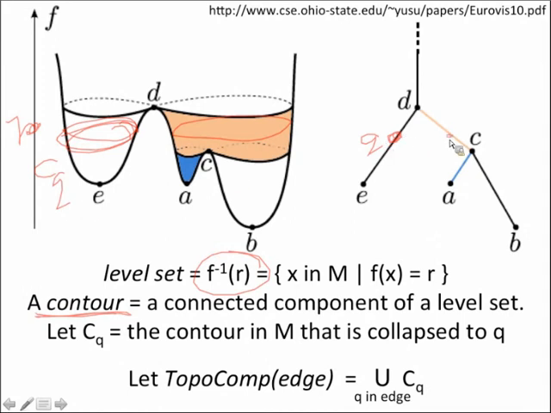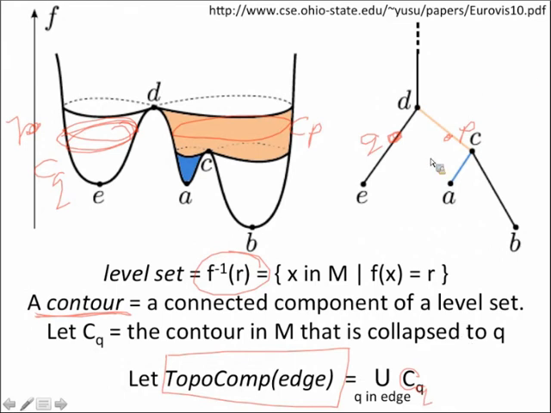So if I have a P over here, this would be my C of P. And then what we want to do is take a look at the topocomp of an edge, which is just the union of all these contours within that edge.